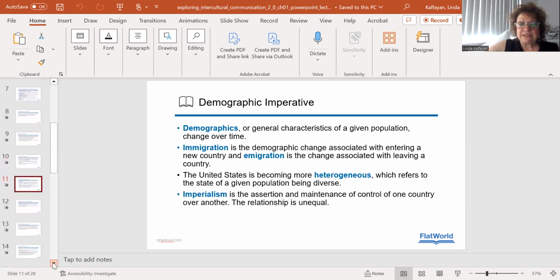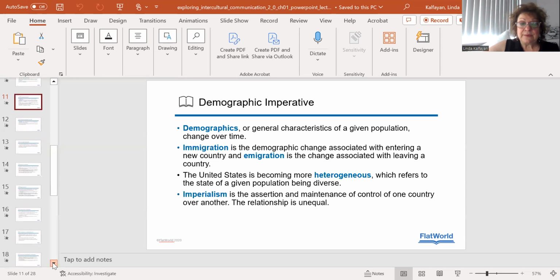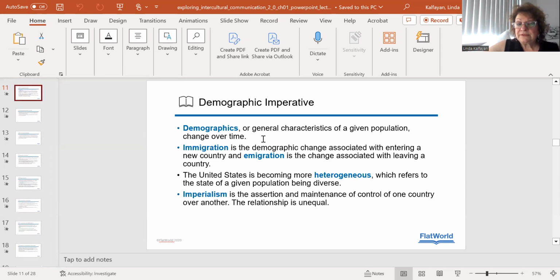So demographics, and this is the demographic imperative, defined as the general characteristics of a population and how they change over time. We do know that demographics change. City demographics change as people may be leaving the city as we get older, and younger people may be going in.